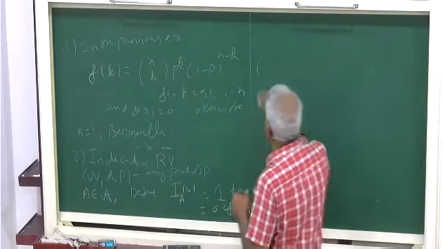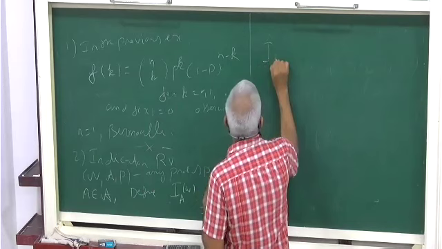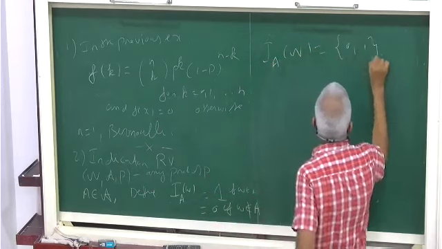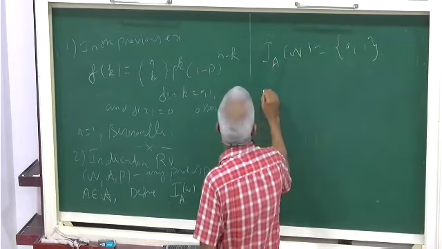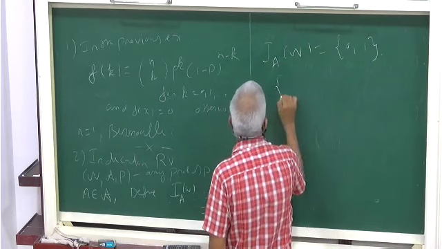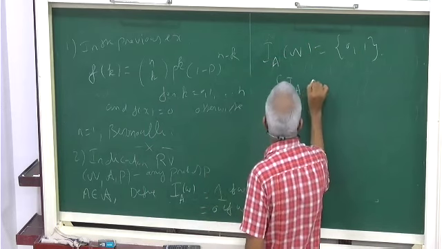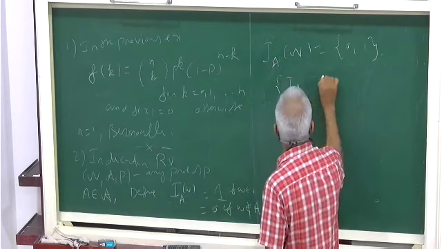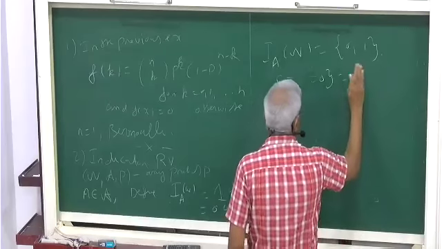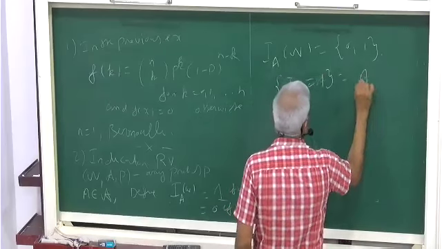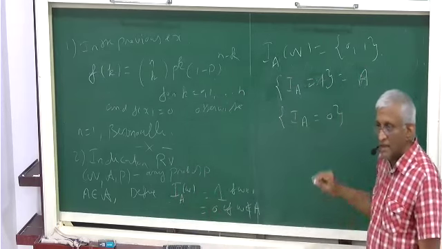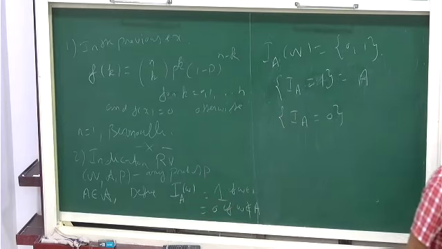To show this is a random variable, we have to verify two conditions. The image of I_A is {0, 1}, and the sets {I_A = 1} equal to A and {I_A = 0} equal to A complement are events.